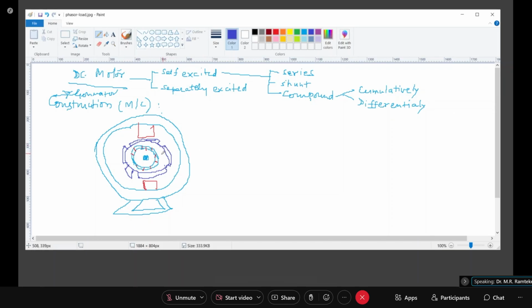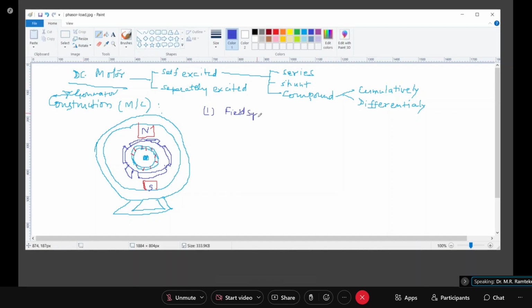So now we will discuss the winding, the construction. So this is my north, and say this is my south pole. Basically, construction will consist of three main parts. First, the magnetic field system, or field system.